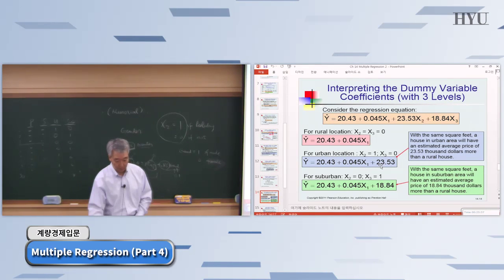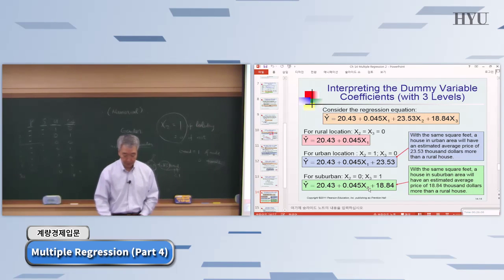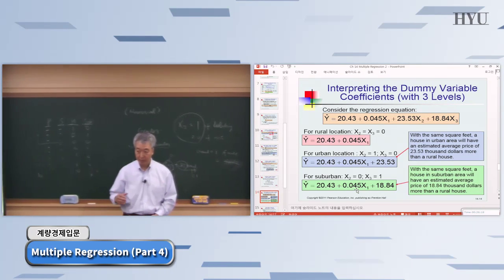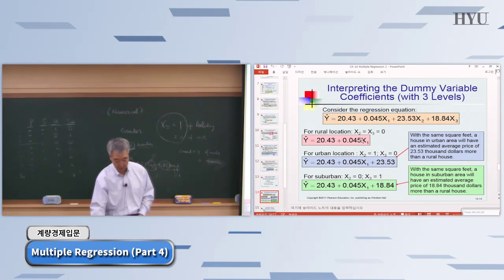For houses in a suburban area, x2 will be 0, so the equation ends up being like this. If you look at these three equations, the 0.045 times x1, in other words, the effect of the size, is the same. It remains constant.